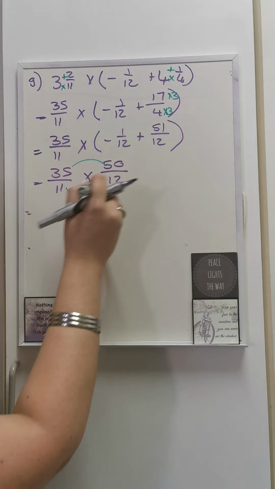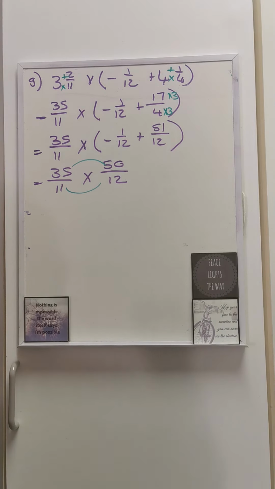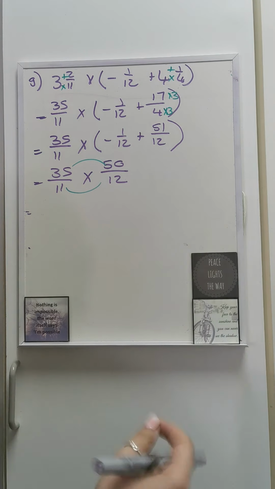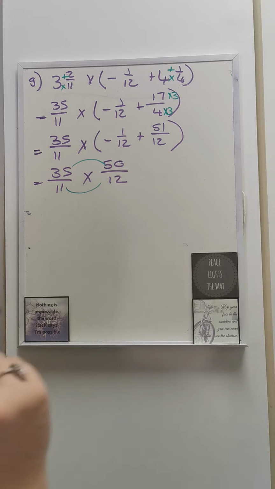Now the verb is times, so I times at the top, I times at the bottom. My denominators do not have to be the same with times and divide. Remember, times and divide do whatever they want.